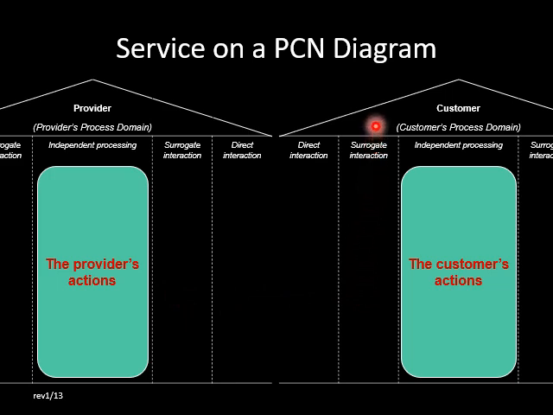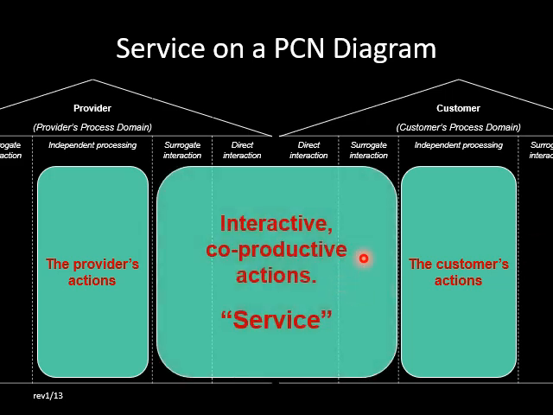And this is the customer interacting with the machine to gain some money. So this is surrogate. And then this space is where there would be direct interaction, where you'd walk into a bank and interact with the bank teller to take out some cash or to make an application. So this would be direct interaction.